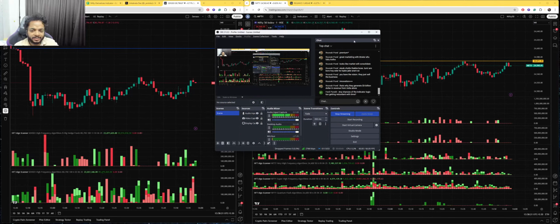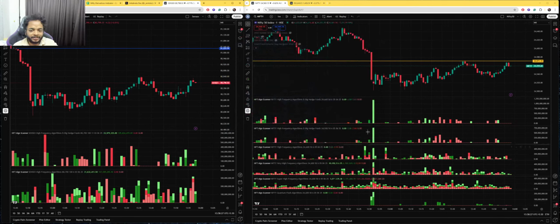Again, if anyone is new here, I'm saying again that this is a probabilistic model and it tries to capture the big institutional positions in real time in the option chain with fund flow. Here we saw 120 CR of put trading happened. The light red we follow.